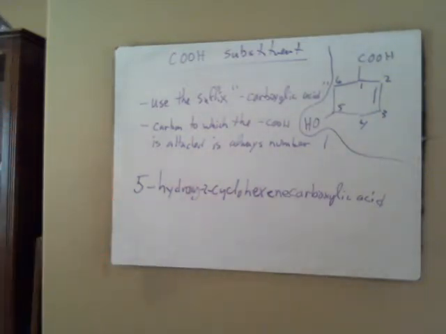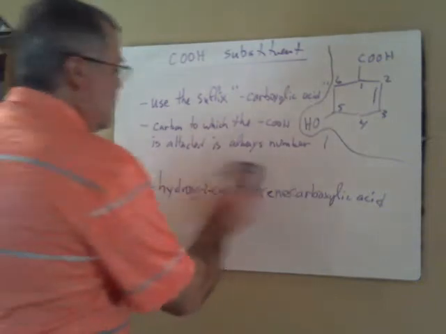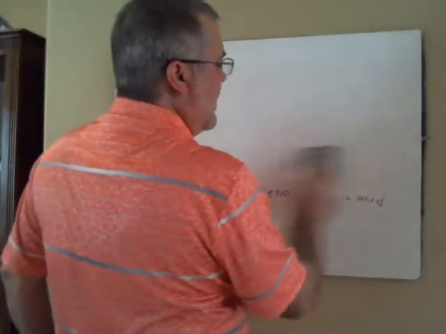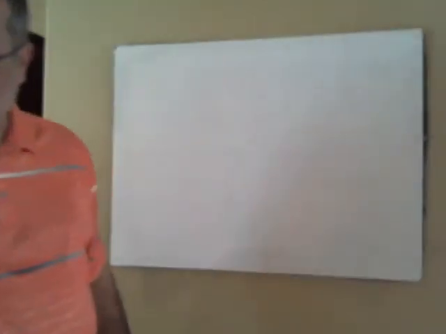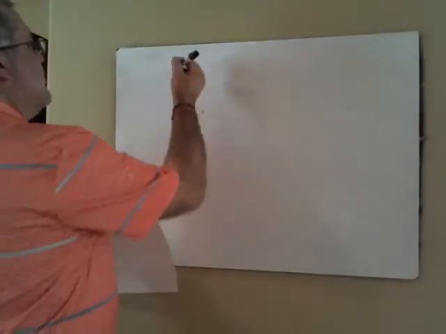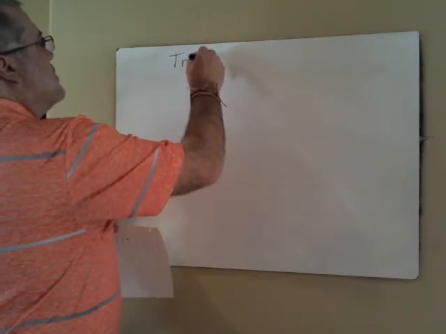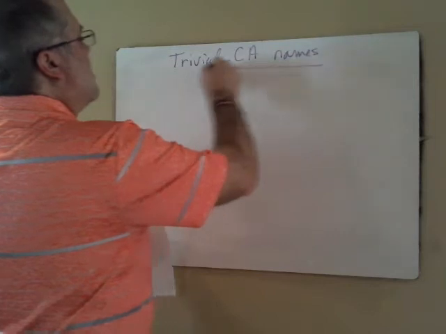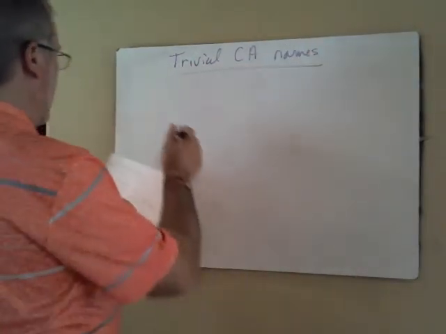All right? And so that's how you would name it as a substituent. Now, carboxylic acids were some of the first functionalities that were discovered. So you have a lot of trivial names associated with carboxylic acids. Okay? And so there are a few I want you to know. Trivial carboxylic acid names. Some of them you will have heard before. Okay?